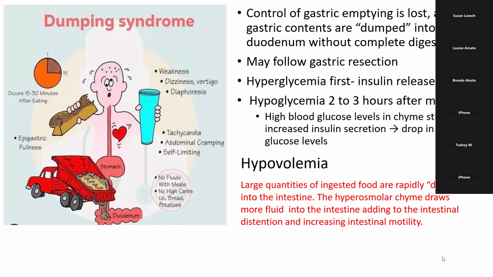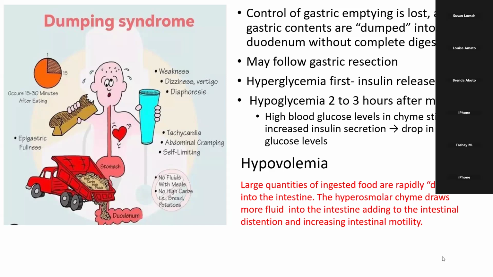So when you're more osmolar, you're saltier. And so that salt is going to draw what there? Water, or fluid. Okay. It's going to pull that water or that fluid into the intestines, and it's pulling it from your vessels. So now you're going to become hypovolemic.